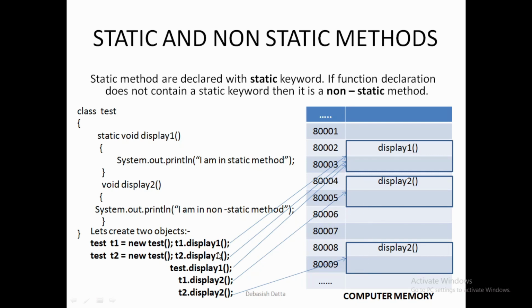Here I also want to mention that, as memory reservation for a static member is a single one, there is no need to create an object to call a static method. Only the class name and dot operator are sufficient to call it.